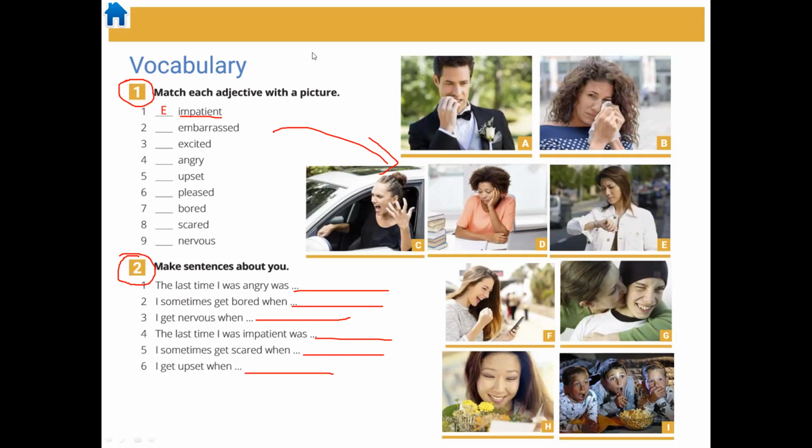Number 2, embarrassed. Embarrassed is when you feel uncomfortable. Something is making you embarrassed. You may go red in your face. It's something you don't want to happen. It makes you a little bit shy. That's picture G.